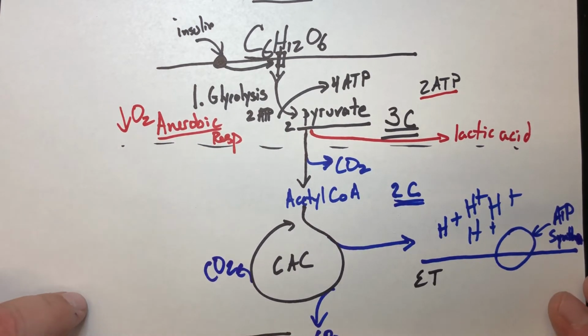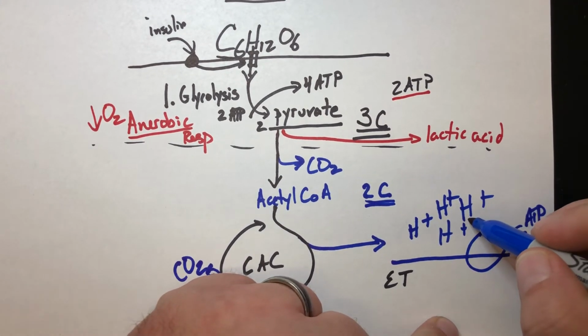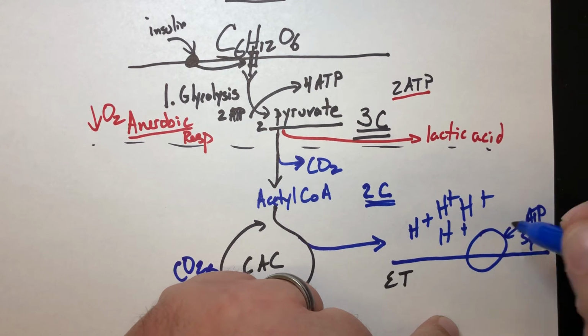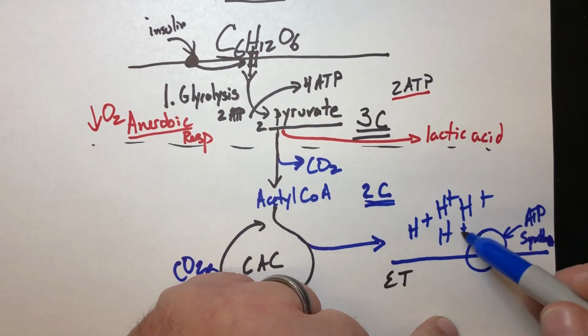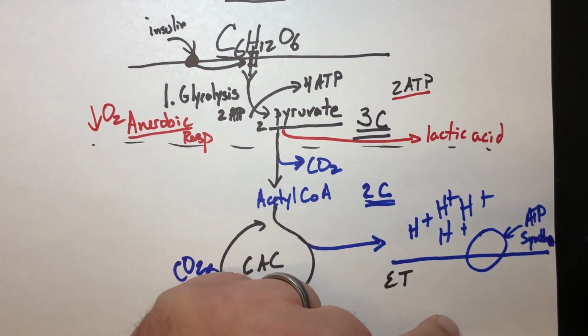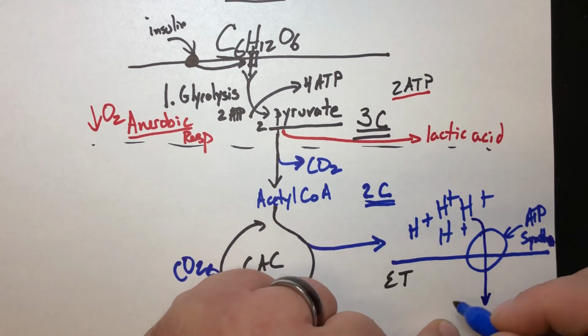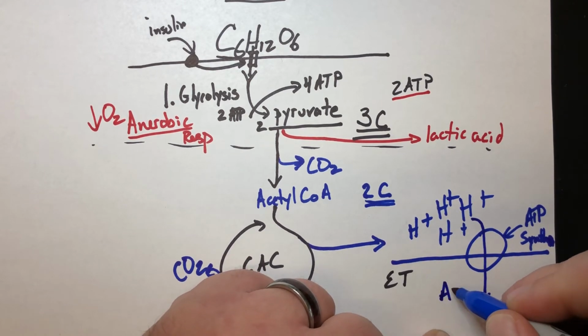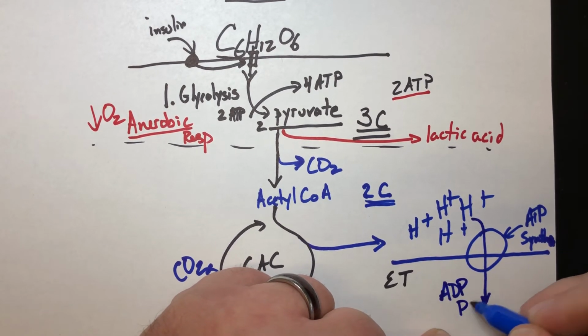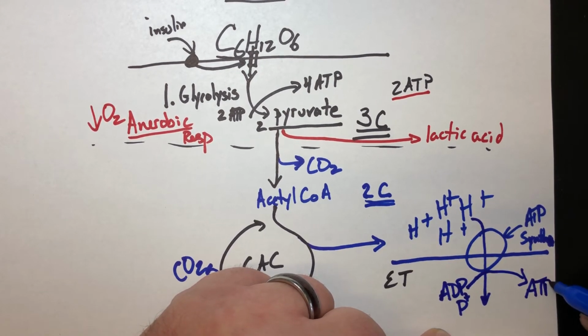So last steps here in electron transport, we're using those hydrogen ions, those protons, and as they gather in high concentration on one side of the membrane, they will transport through the ATP synthase, and they're providing the energy required to put that extra phosphate onto ADP to charge up ATP.